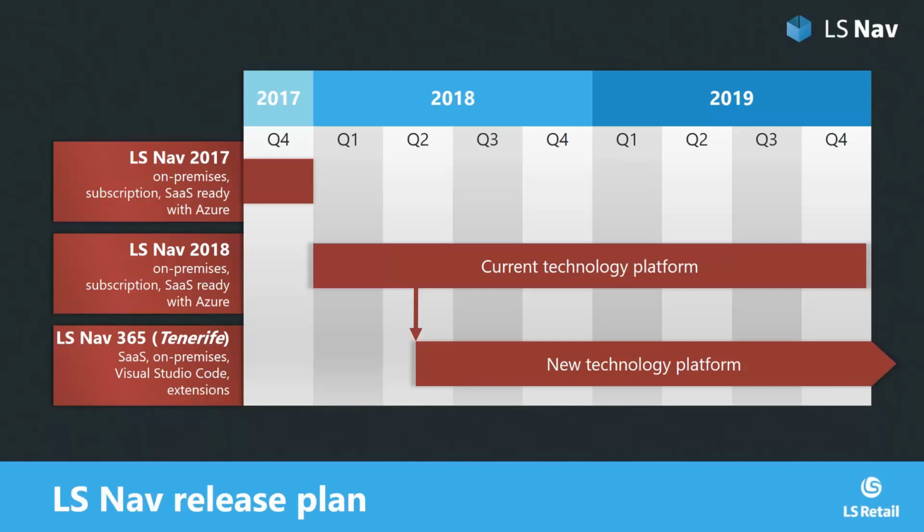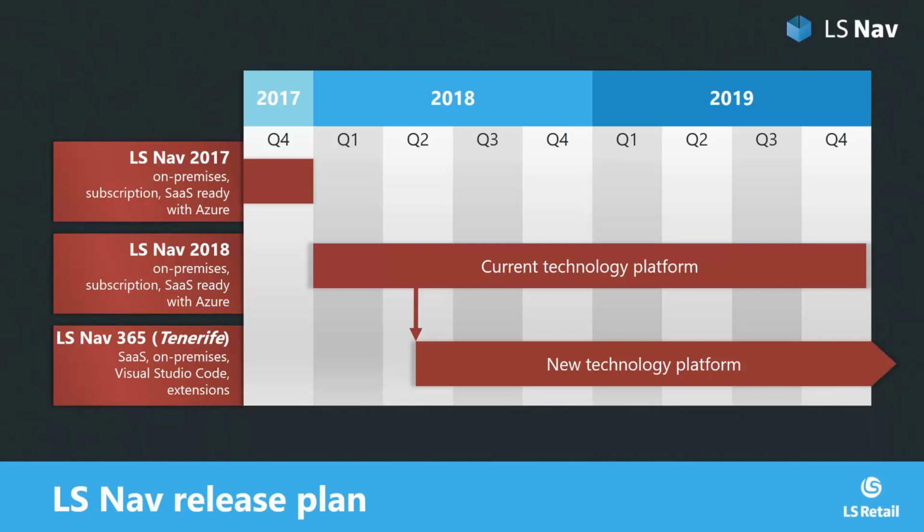We'll offer this platform for 2 years minimum, where we will offer new functionality in LS Nav 2018 until end of year 2019. Then of course we will support it for 3 more years until 2022, the same period Microsoft supports 2018.